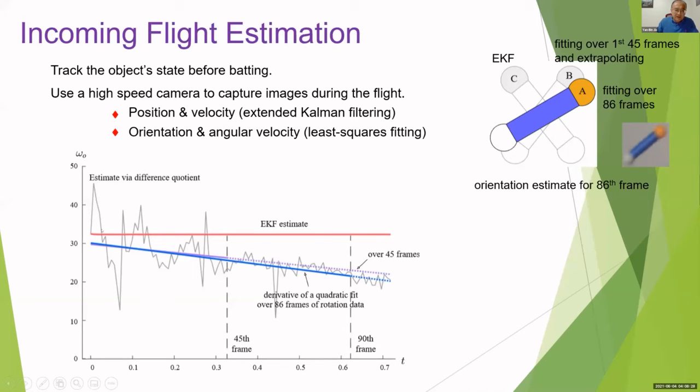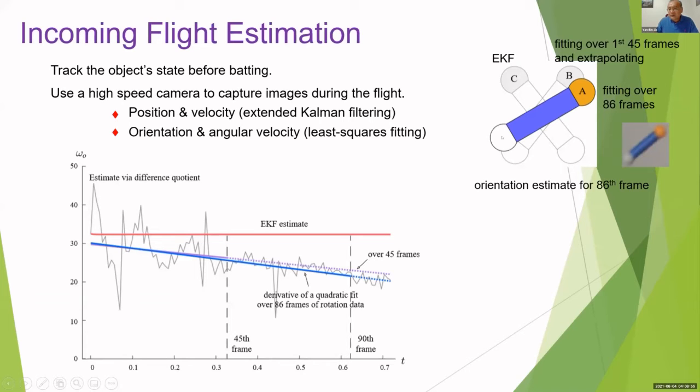This red horizontal line is the estimate if you just use EKF on the angular velocity, and it really doesn't change. If we use least squares fitting, we actually get pretty close to the real trajectories as the object keeps flying further. This one shows the fitting results over 45 frames and 86 frames.